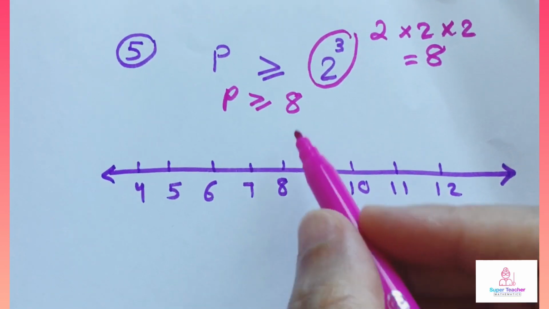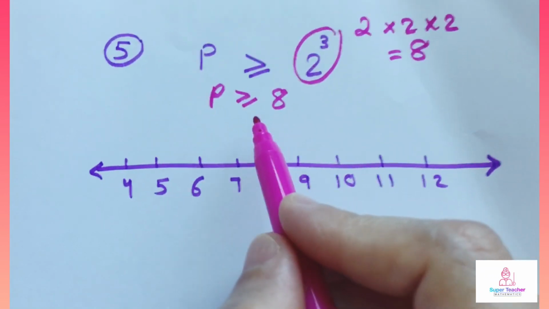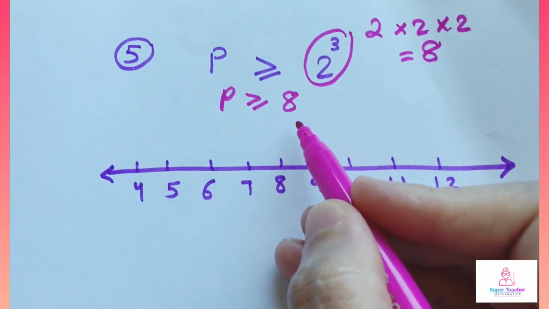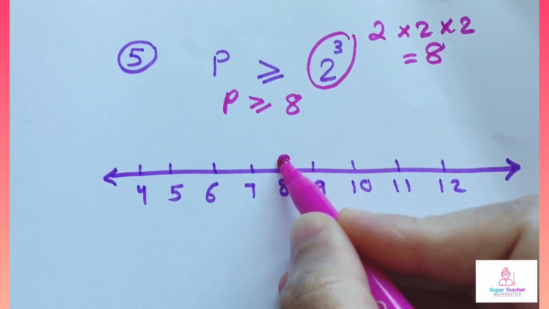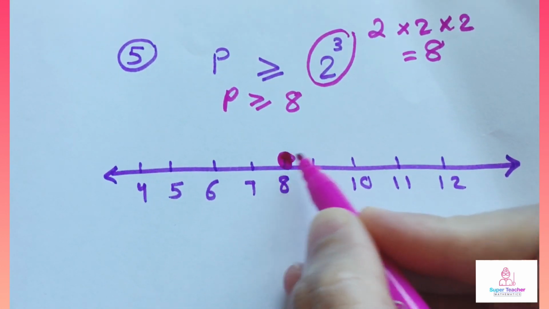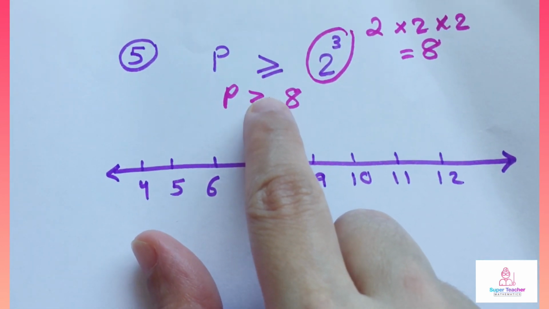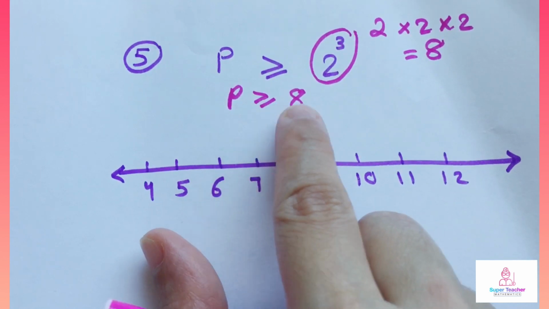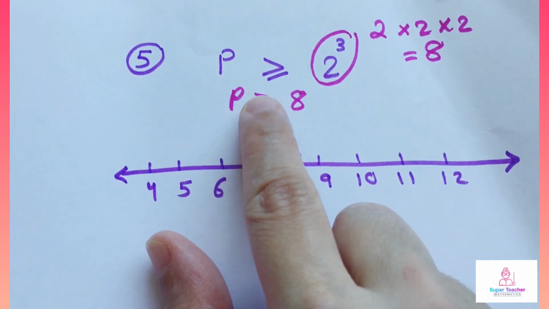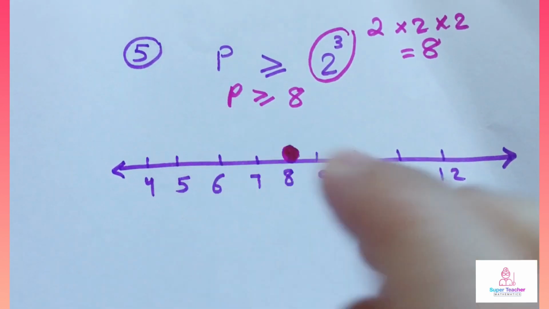Okay, so like question 4, I will start from 8, but this time it will be a closed circle. Why closed circle? I will color the circle from inside because we have equal down. p is greater than or equal to 8. Greater than, why? Because it's open from the p side.